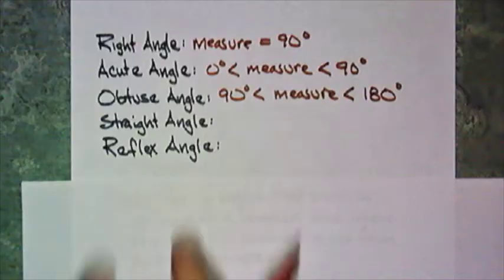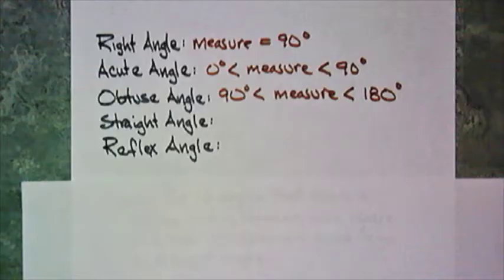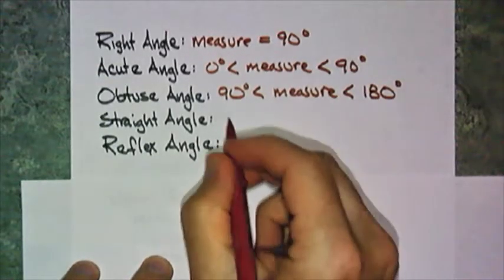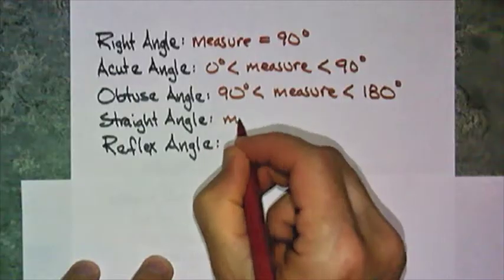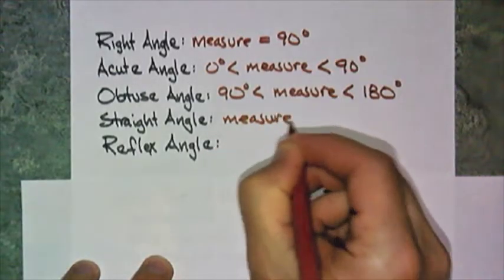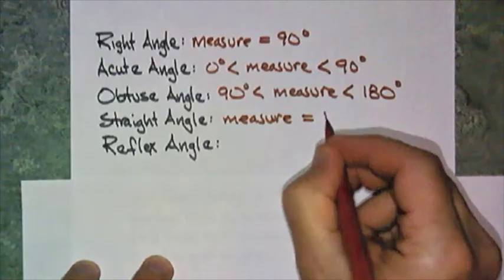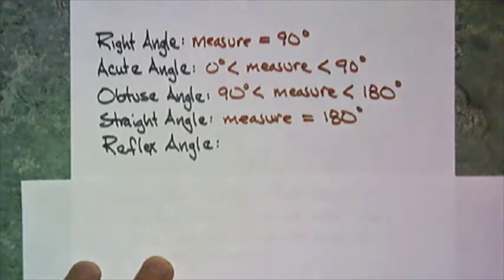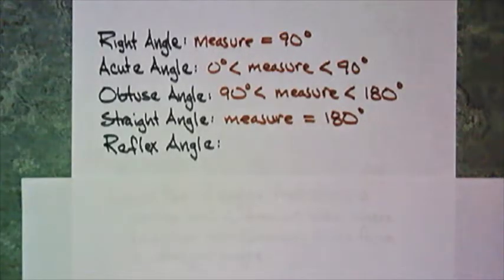Well, then there's a straight angle, and of course a straight angle makes a straight line, okay? So that is an angle whose measure is equal to 180 degrees. And then there's this reflex angle. You may not have heard this one before.